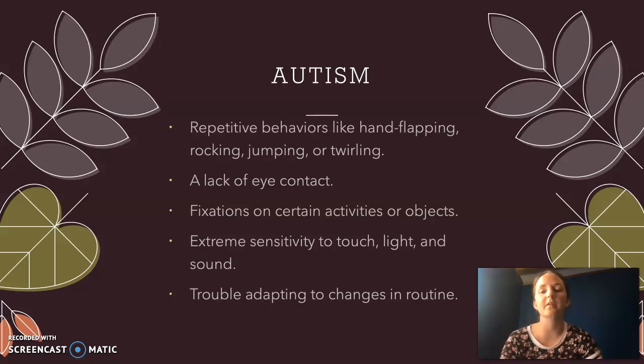They can be extremely sensitive to touch and textures. It could be touching, it could be eating, drinking. The littlest textures could set them off. Light could be either too bright or not bright enough, or the wrong color. And extreme sound, if it's super loud, like a fire alarm or tornado alarm going off, it could overstimulate them.